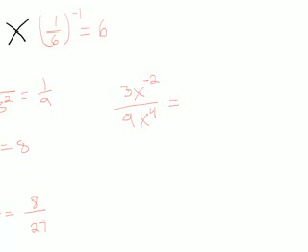The 3, while it's right next to it, does not count. It is not being raised to the negative 2. Only the x is. If you think of order of operations, the exponent happens before multiplication. So this x to the negative 2 is the only thing that's being raised by a negative.